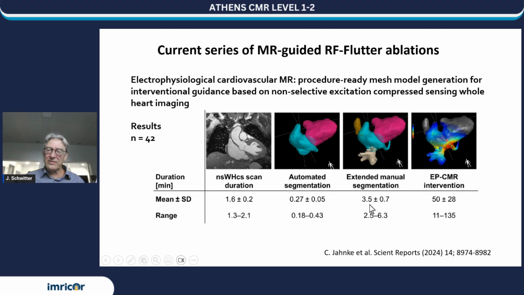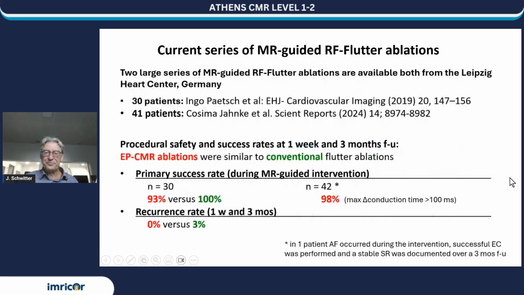Then you correct, so the correction is needed at the moment, so there are a few minutes extra time, but within 10-15 minutes before starting the real intervention, you can invest 10-15 minutes to get these very high resolution 3D meshes where you can then navigate your catheters.